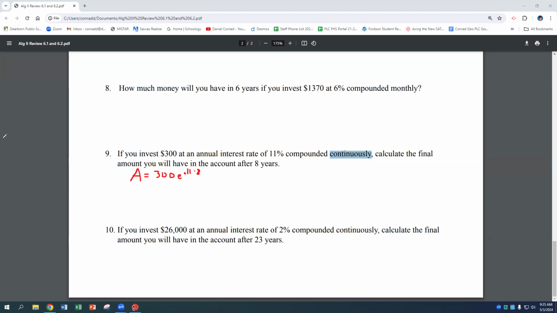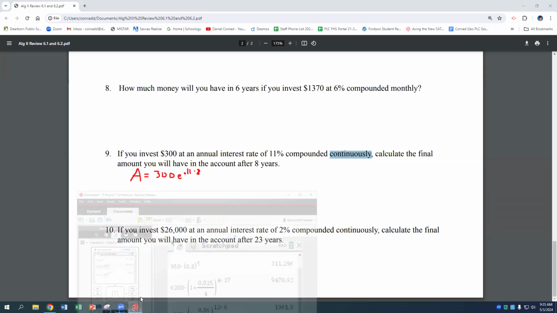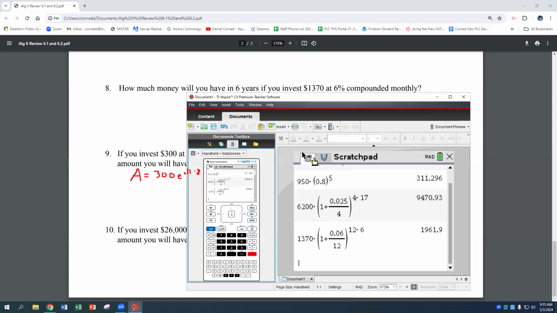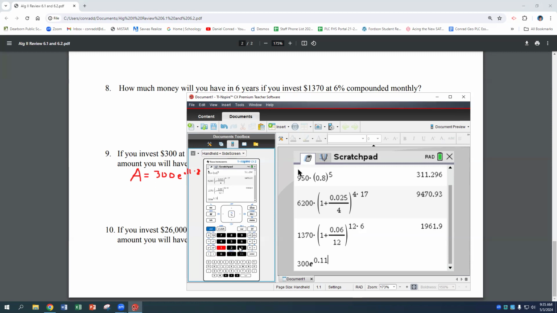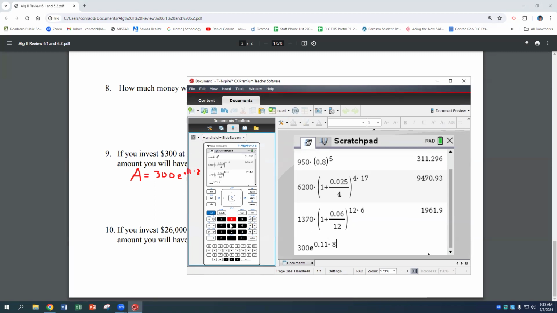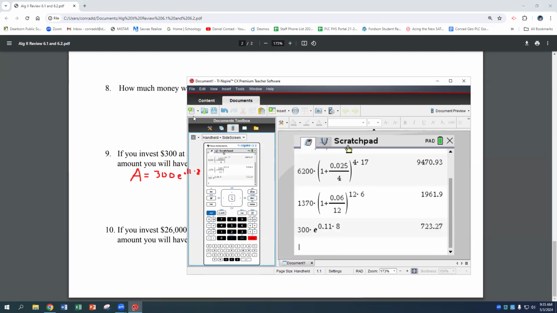So we can put that again, just right in our calculators. 300, e is right down here, and that's 0.11 times 8 years. Right, it was 8 years, yes. Enter. That's going to be equal to $723.27.